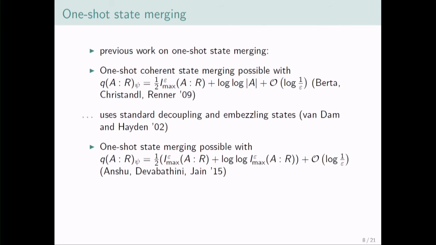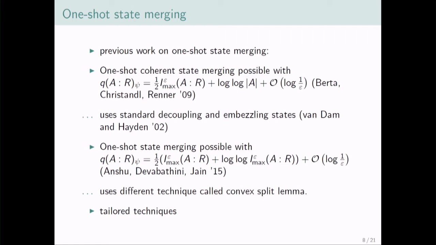And then there was some more recent work improving over this bound in the lower order term here by Anshu, Devabhaktuni, and Jain. Actually, their work is on state redistribution, an even more complicated task, but it also has this corollary about one-shot state merging, and it uses a completely different technique that's called a convex split lemma.